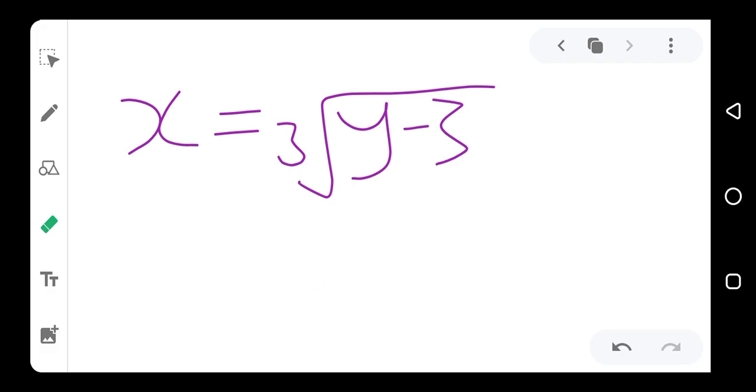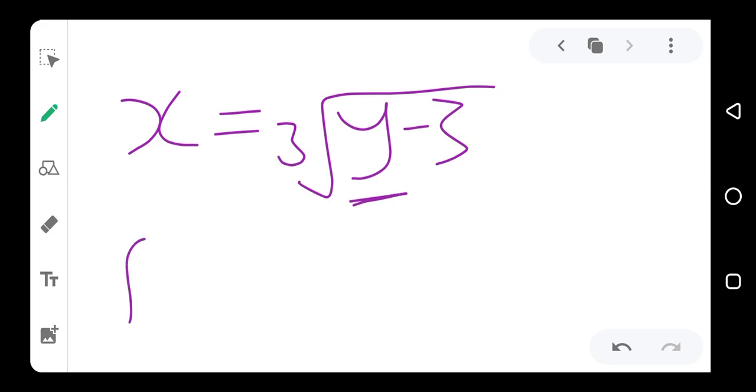X is equal to cube root of y minus 3. And remember, our mission is to exchange the position of y with x. So this y here, we are going to put x to replace it.